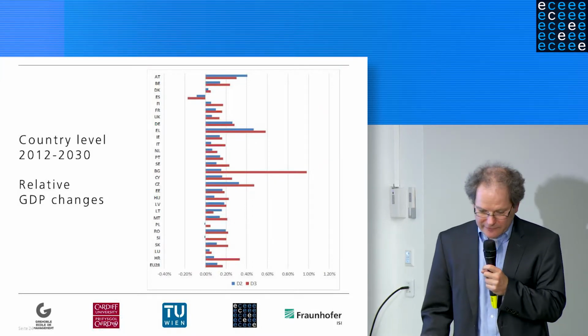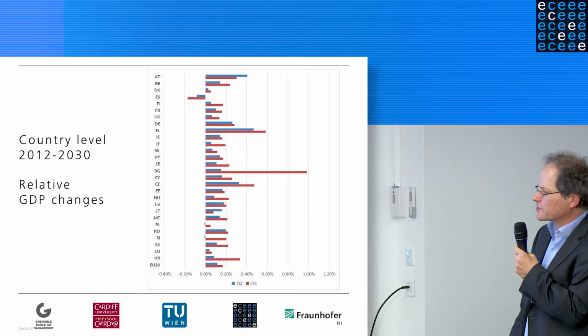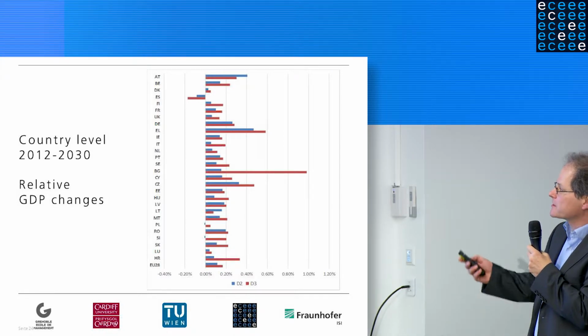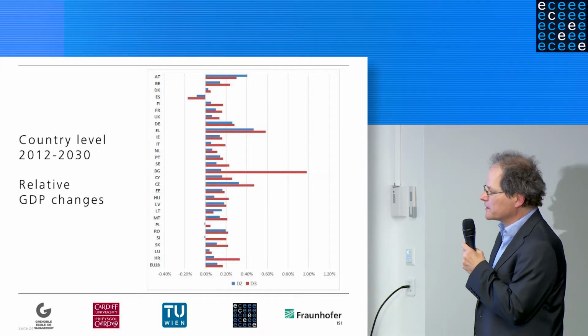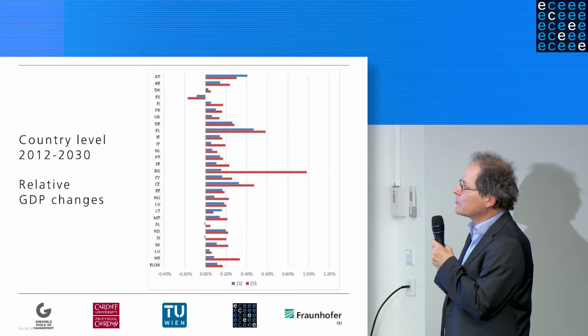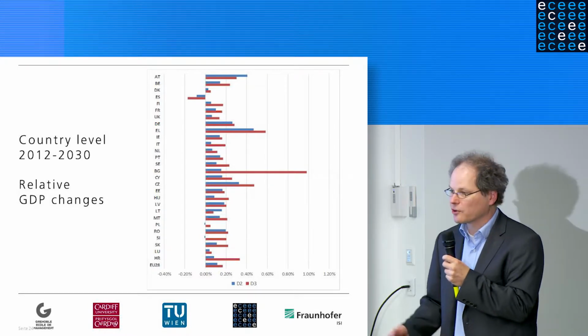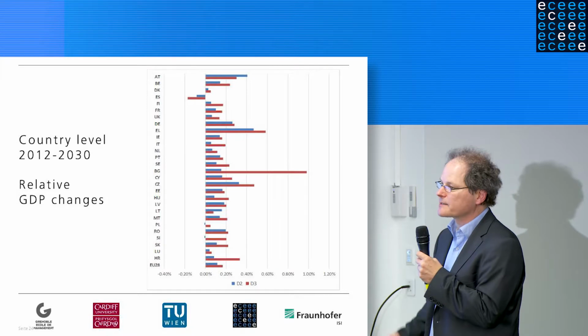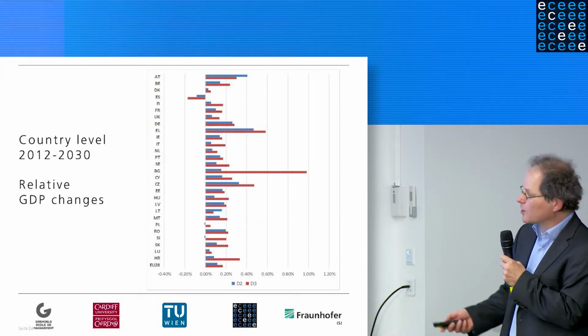If we look at the country level, what do we see here with regard to GDP changes? Almost all countries show an increase in GDP. The only exception is Spain, a specific situation also with regard to the impulses coming out of the Meso-economic modeling.